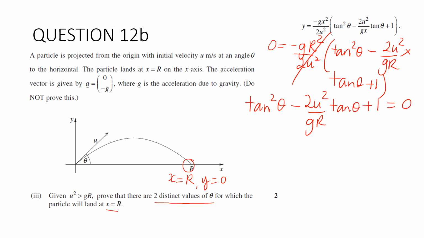Now, if there are going to be two distinct values of theta, then we want the discriminant to be greater than 0.